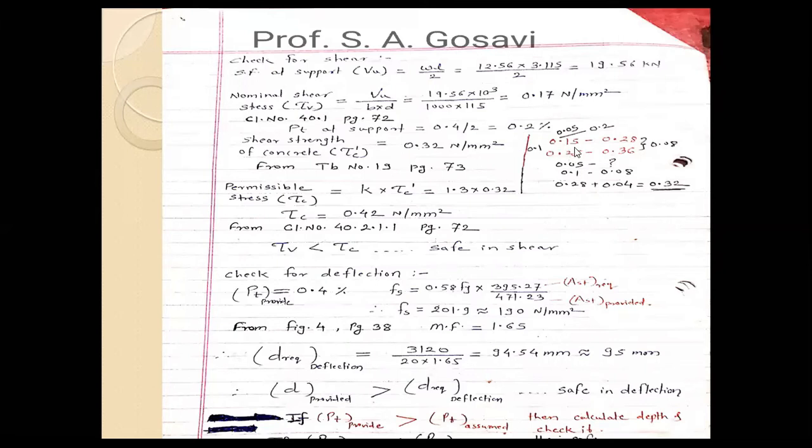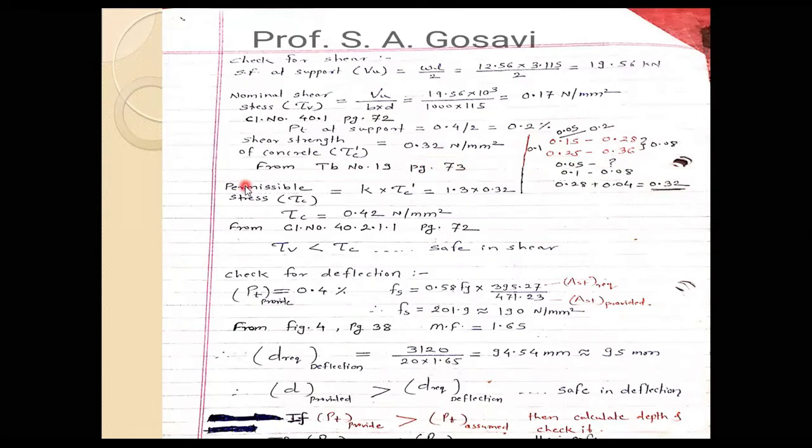I have also written the formula here, with the values for better understanding. From that table, for 0.15 percentage of steel we got the shear stress, that is tau c value, 0.28. For 0.25 percentage, we got 0.36. After doing interpolation, we get this value 0.32. So here I have written 0.32.